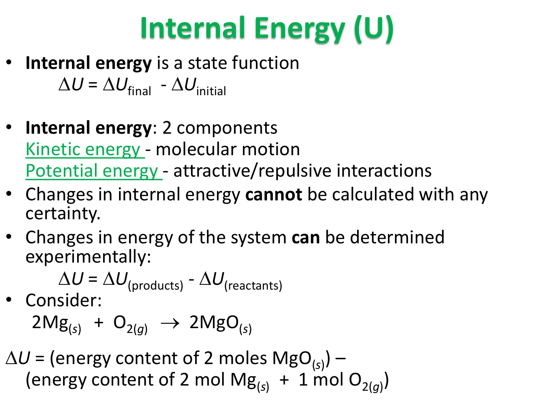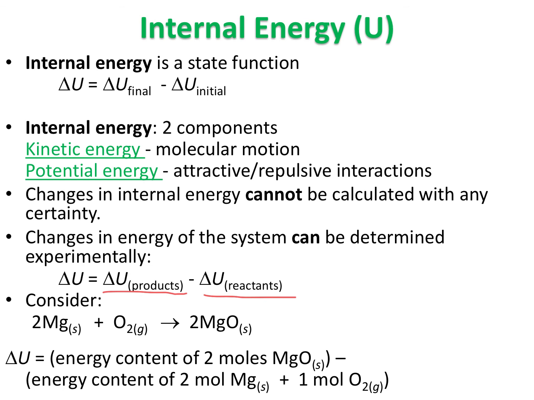The final state in a chemical reaction is the energy content of the products. The initial state in a chemical reaction is the energy content of the reactants. We can determine the energy change of the reactants and products, but cannot determine the absolute value of the energy.